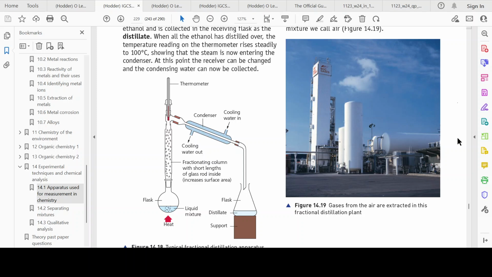No? The thing is, the difference in the boiling points should be large enough to be able to separate them through heating, right?